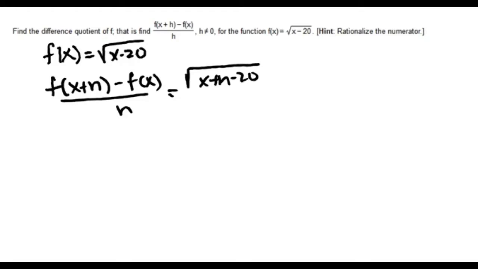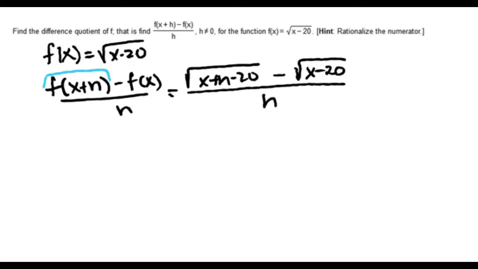So that's this first part of the difference quotient. Now minus our function f of x, so minus square root of x minus 20, over h. So this is the difference quotient, but we want to simplify it more. And that's where the hint comes in, to rationalize the numerator.